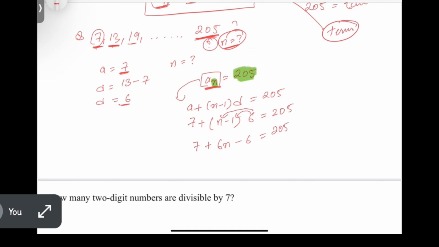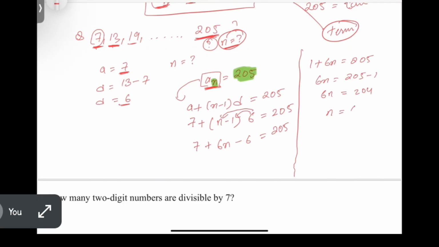Now I need to find the value of n. So I'll just write 7 minus 6, which is 1, plus 6n is equal to 205. If 1 is transferred to the other side, it will be 205 minus 1, which is 204. So 6n equals 204, and we need to find the value of n.